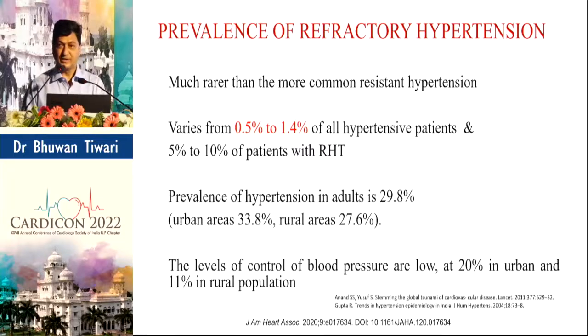And the level of blood pressure control is very low in our country, approximately 20% for the urban population and 11% for the rural population. So seeing this level of control and our large population, we will have a lot of cases of refractory hypertension.